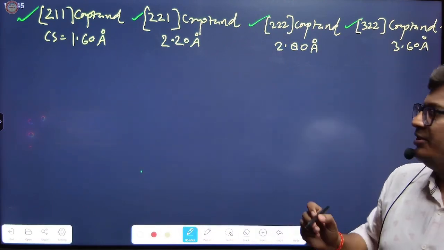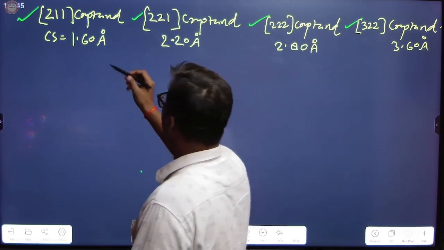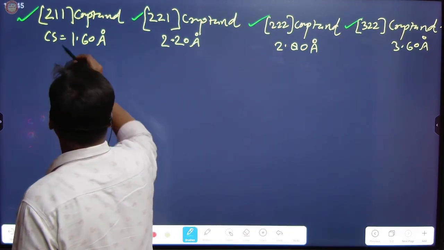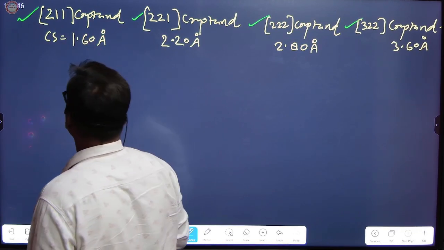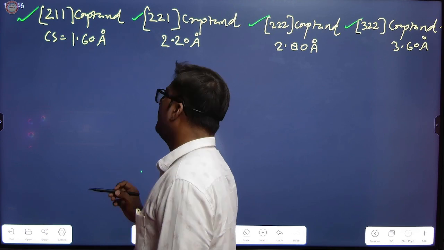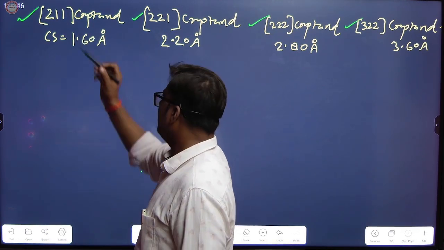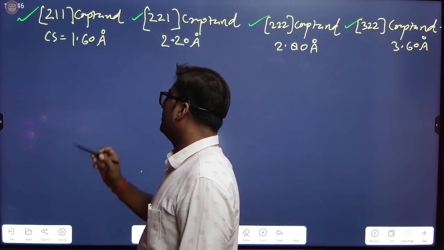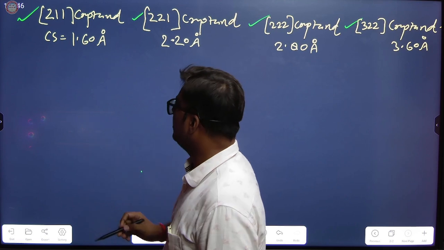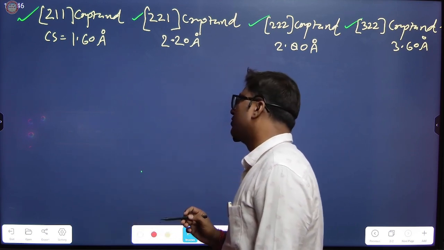So what do you mean by this? It means this cryptand contains, in the first strand, two ethereal oxygen groups, in the second strand only one ethereal oxygen group, and in the third strand only one ethereal oxygen group.